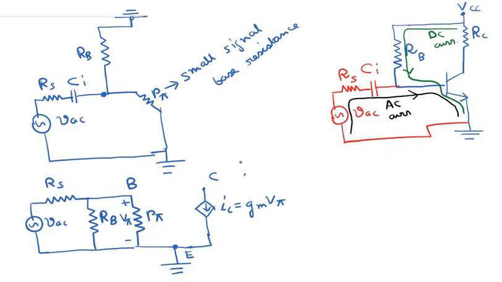So this is the collector point, and this can be assumed to be the AC ground. Between the AC ground and the collector point, this resistor RC is attached. So this is the equivalent AC model for this entire transistor circuit.